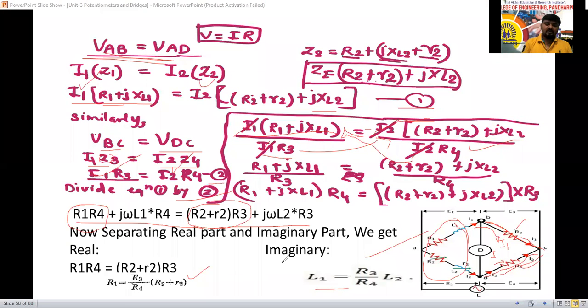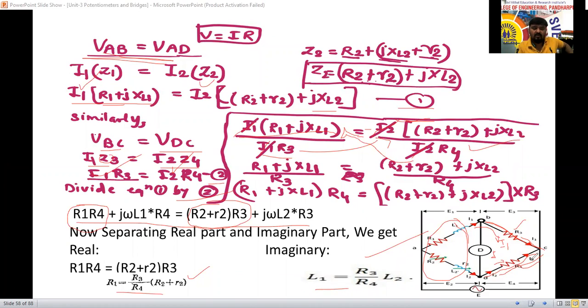The actual method is the correct one. In this method we have to take the voltage drop across each branch, and under the bridge balance condition identify how many configurations will come. Based on that we identify the equations.